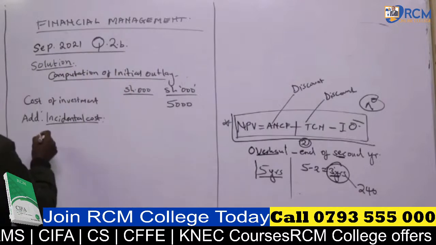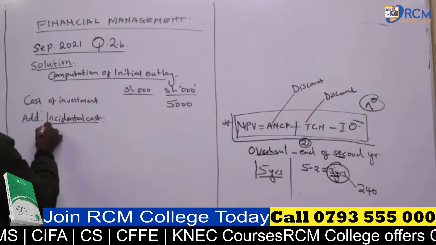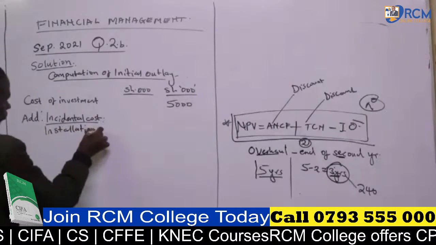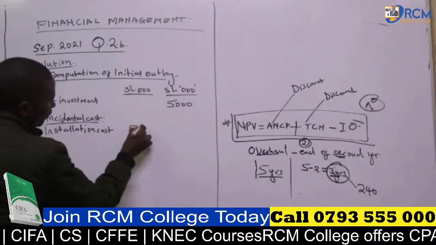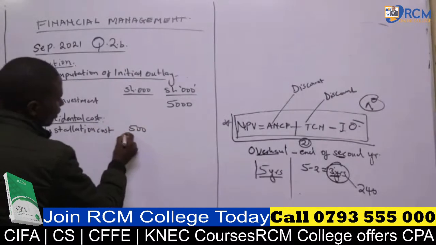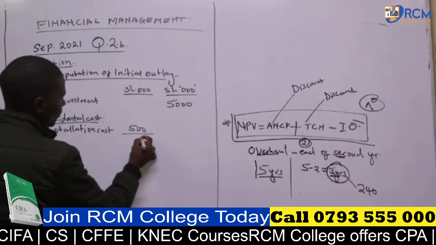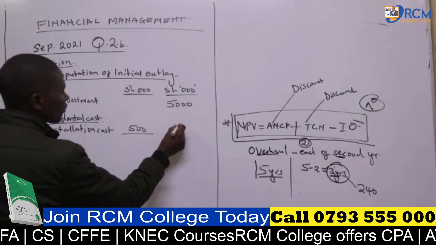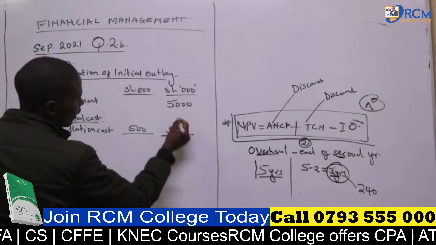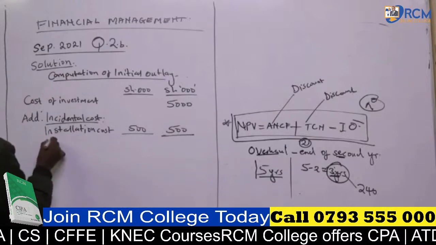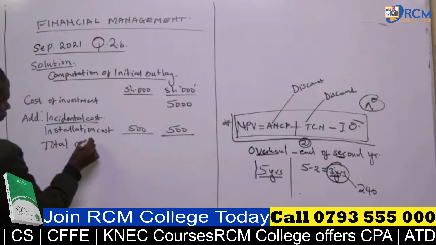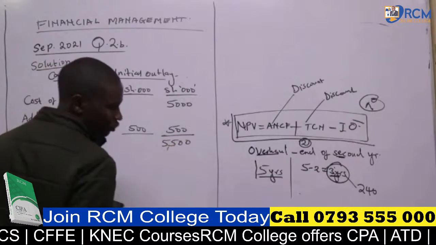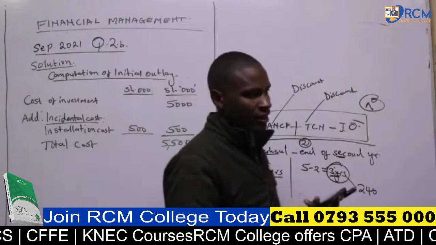So here we have installation cost of 500. I add to get my total cost. So our total cost will be 5,500.